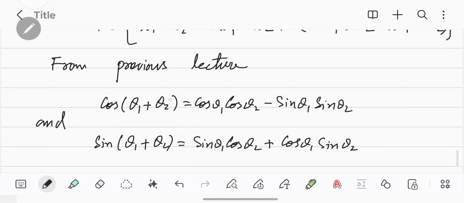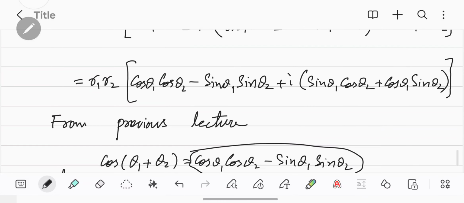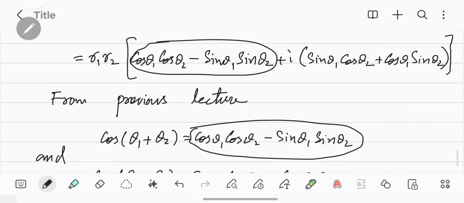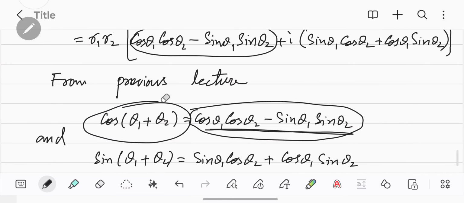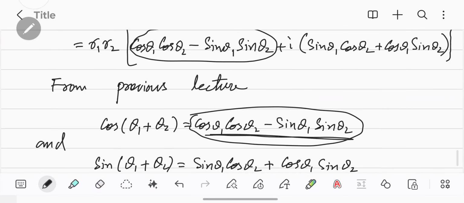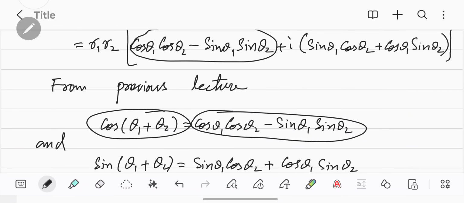If you look, this term and this term are the same. Since this term is equal to this term, I can write here cosine of theta 1 plus theta 2.